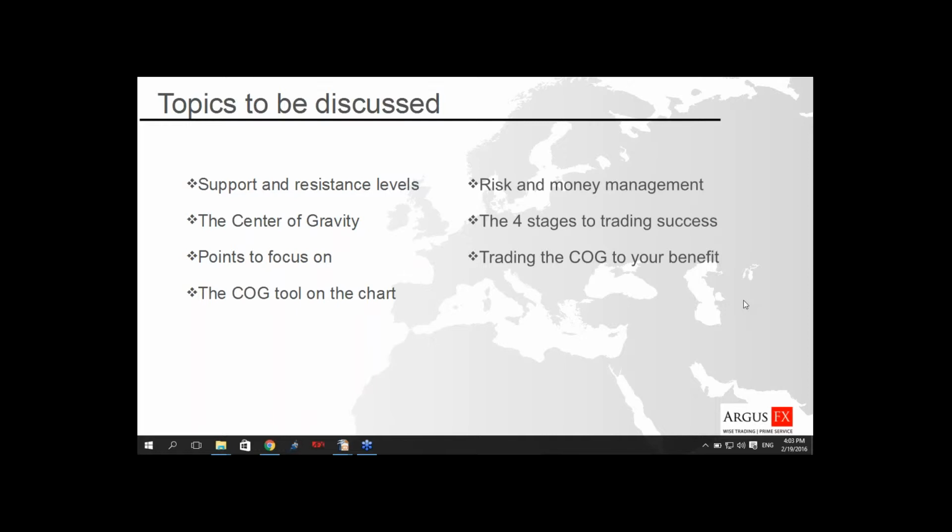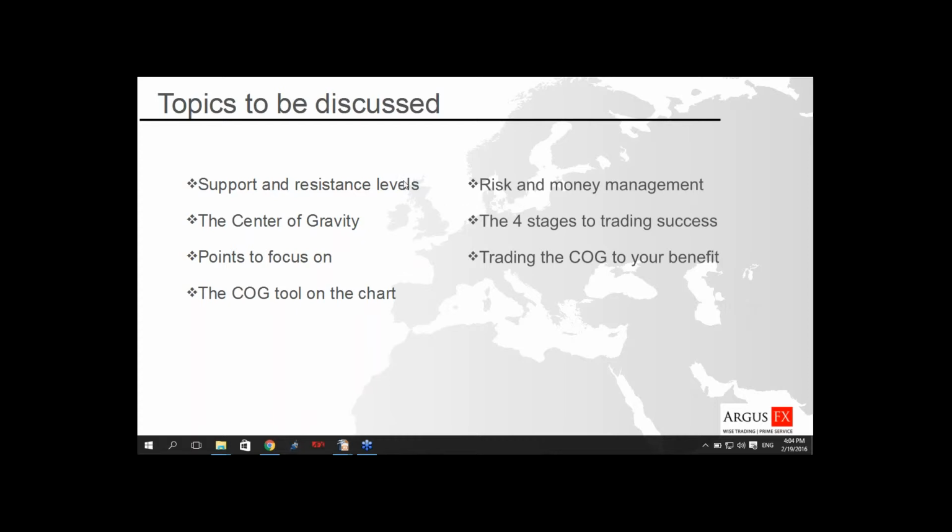As I said previously, we're going to see a trading session on the chart, risk and money management, which is vital in all cases, and the 4 stages to trading success, in other words, what you need to know. This slide we have already gone through in a past webinar. Then we'll look at trading the COG to your benefit.